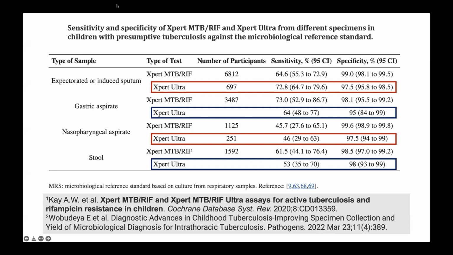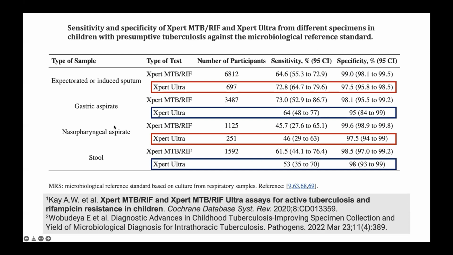Okay. So we started off by talking about respiratory specimens and non-respiratory specimens for diagnosing pulmonary tuberculosis. In all these tests, be it expectorated or induced sputum samples, a gastric aspirate, a nasopharyngeal aspirate, and then non-respiratory specimens like stool, you can do Xpert or Ultra on them.